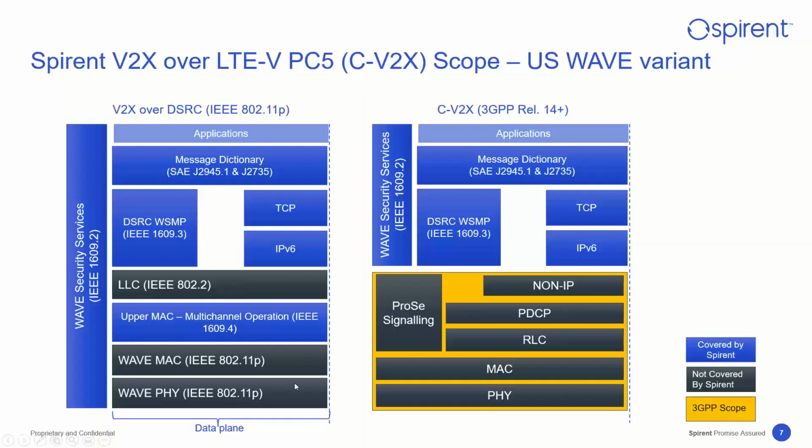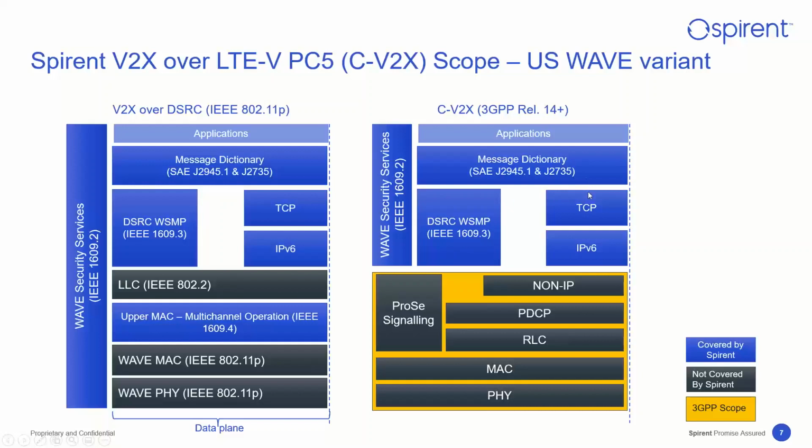But as I mentioned, we can work with pretty much any device or test tool vendor providing an interface that allows the transmission and reception of messages through those layers. So our focus is on the 1609.4 for the SRC, .3 and 2945, as well as .2.